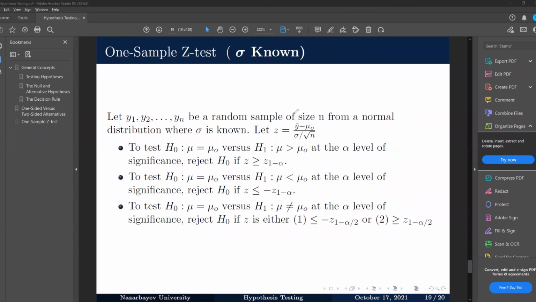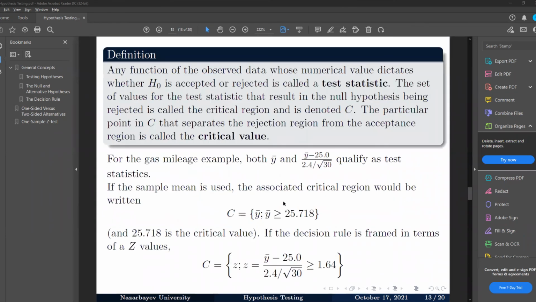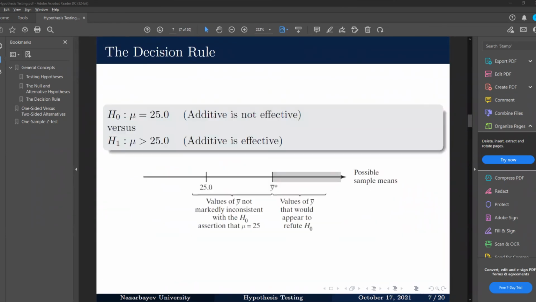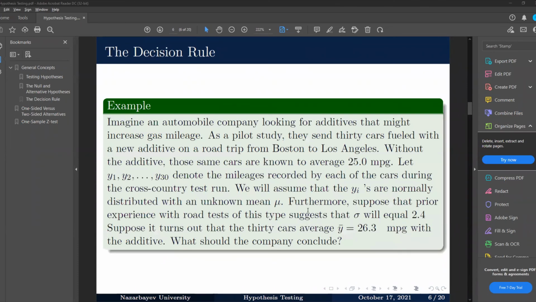All right. So the test that we conducted in the gas mileage example is known as a one sample Z test. As you recall, let's come back to our example on gas mileage. The first thing to note is that the population standard deviation was known. It was equal to 2.4.